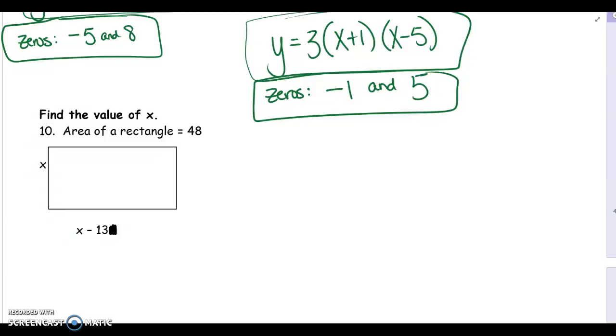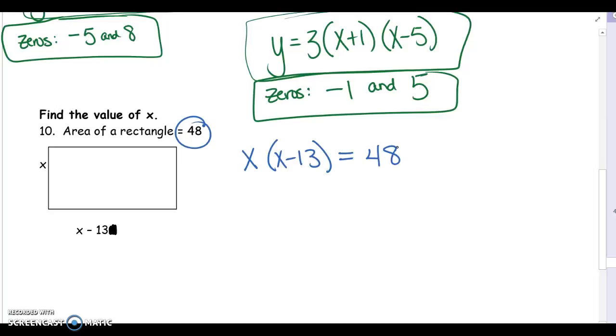How do we find the area of a rectangle? Length times width. So our length is x, our width is x minus 13. They're telling us the area of this rectangle is 48, so I put this equal to 48.